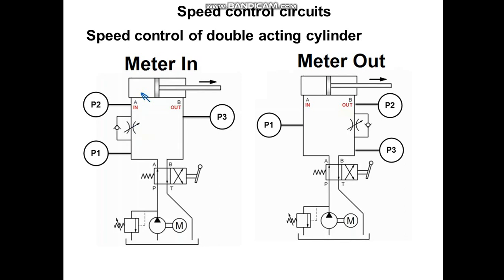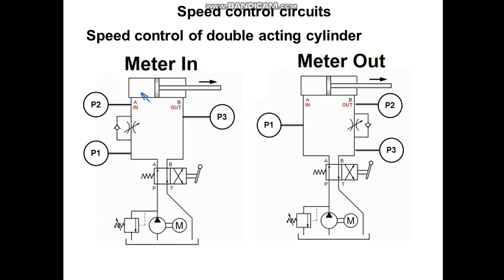Another advantage of the meter out circuit is that the load is always under pressure from both sides, because pressure is exerted from left to right by the primary line, and on the other hand, since this flow control valve is partially closed, pressure is experienced from right to left also. Since pressure acts from both sides of the piston, it is always counterbalanced. So if we consider running load conditions, the meter out circuit is always suitable for running loads.